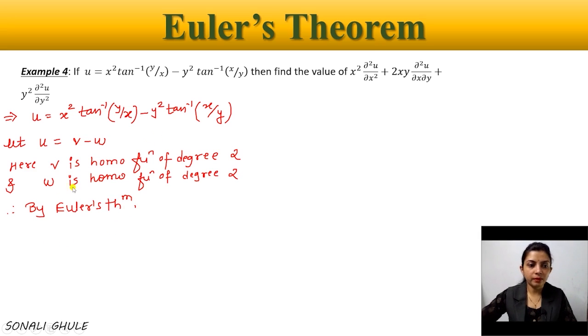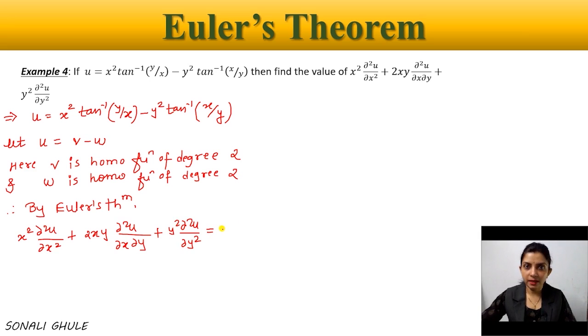So here, by Euler's theorem, I can write x square del 2u upon del x square plus 2xy del 2u upon del x del y plus y square del 2u upon del y square is equal to, yes, n into u, because now I am having here degree same.